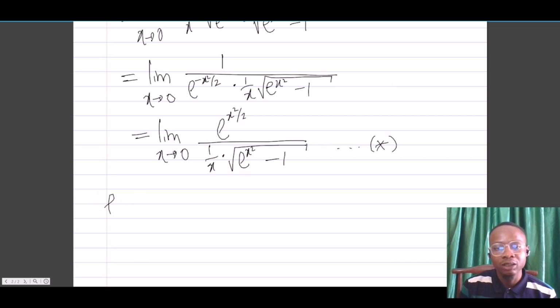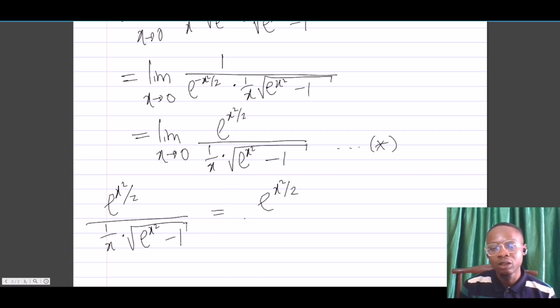But we know that e to power x squared over 2 divided by 1 over x multiplying root of e to power x squared minus 1 is equal to e to power x squared over 2 divided by, in this case, I want to have this as 1 over the modulus of x. I know modulus of x is root of x squared. Why am I doing this? So that we can move it inside the square root sign.